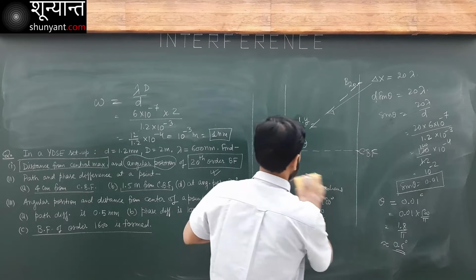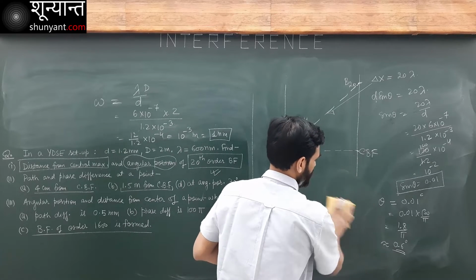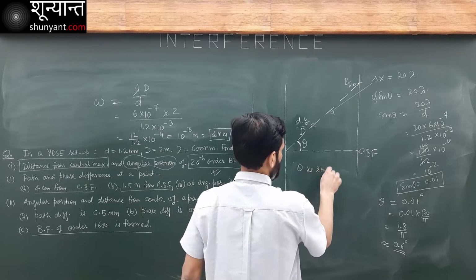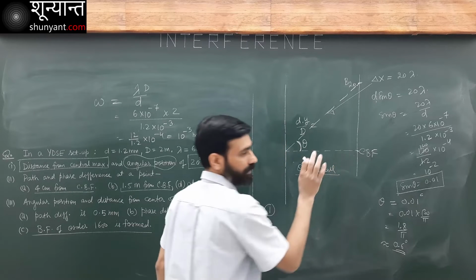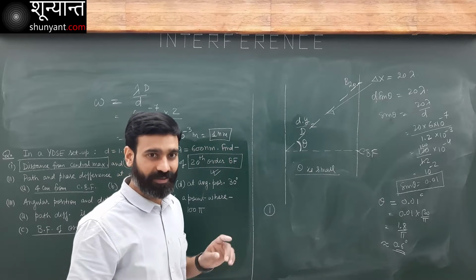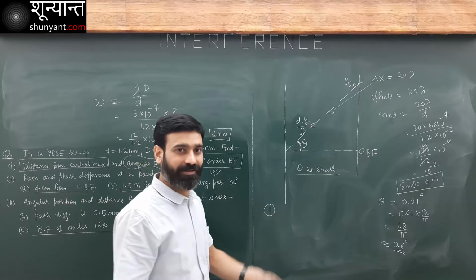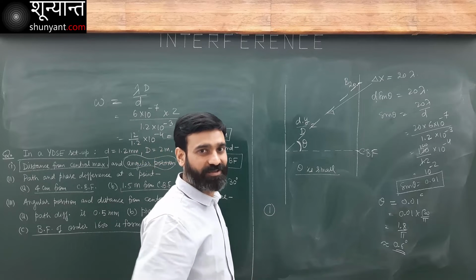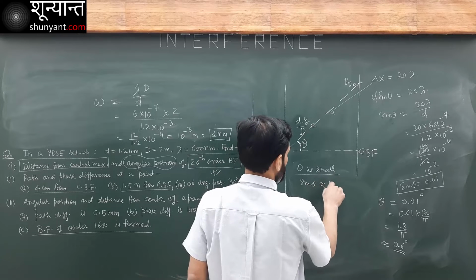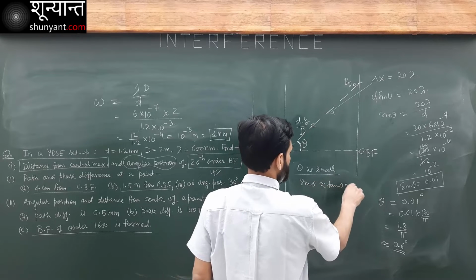Okay, do you understand this? Theta is small. Okay, I'm doing this again. Last class we did it, but still let me do it a few more times so that you also kind of memorize it. Okay, so sin theta is approximately tan theta is approximately theta.